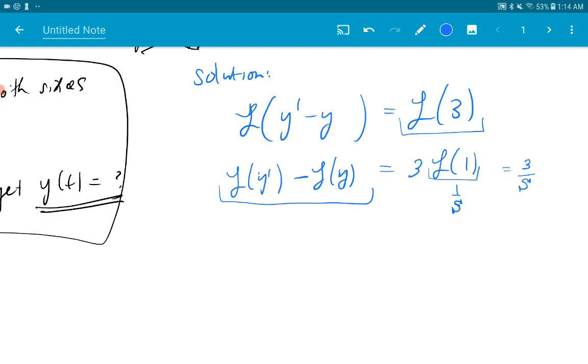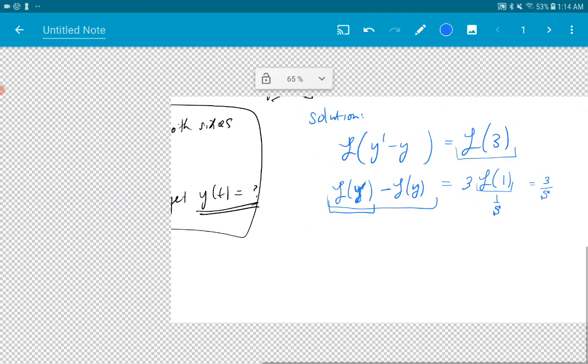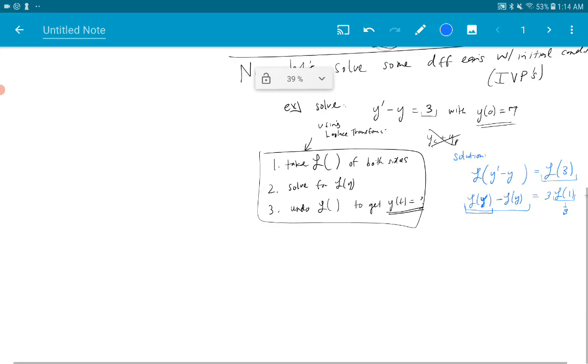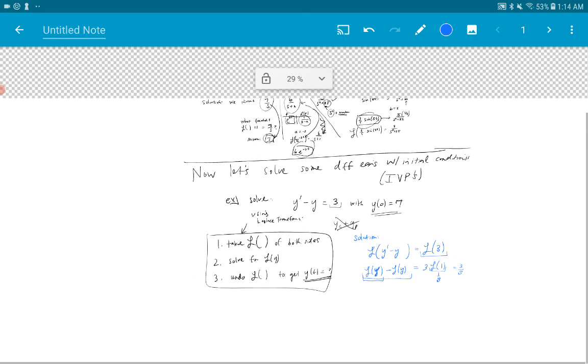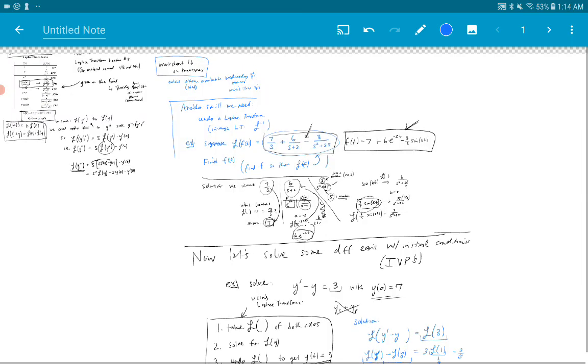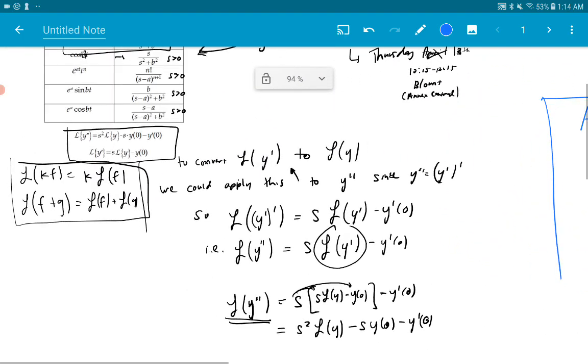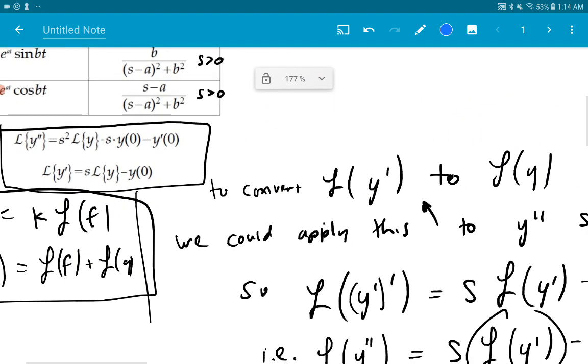We still have to work on this. We don't like having derivatives in our Laplace transform. So we're going to make use of the table, this is y prime. You'll have this table in the exam. Laplace transform of y prime, it's way up here. It's right here. So it's s times the Laplace transform of y minus y of 0.